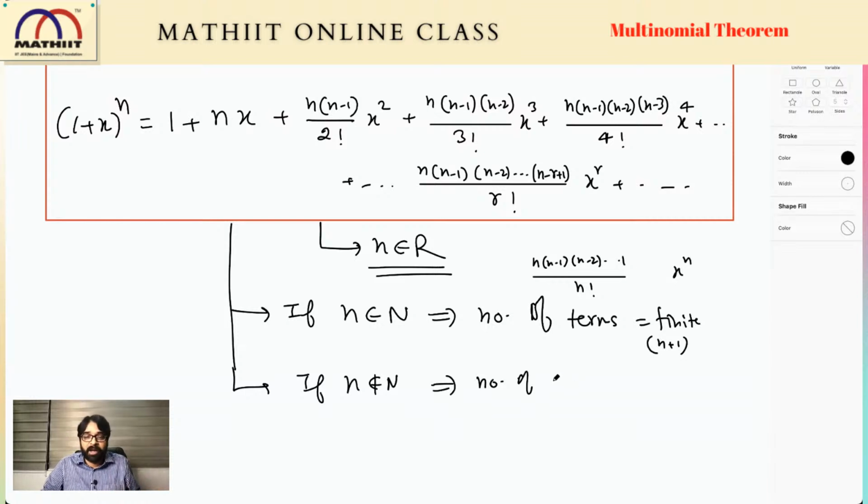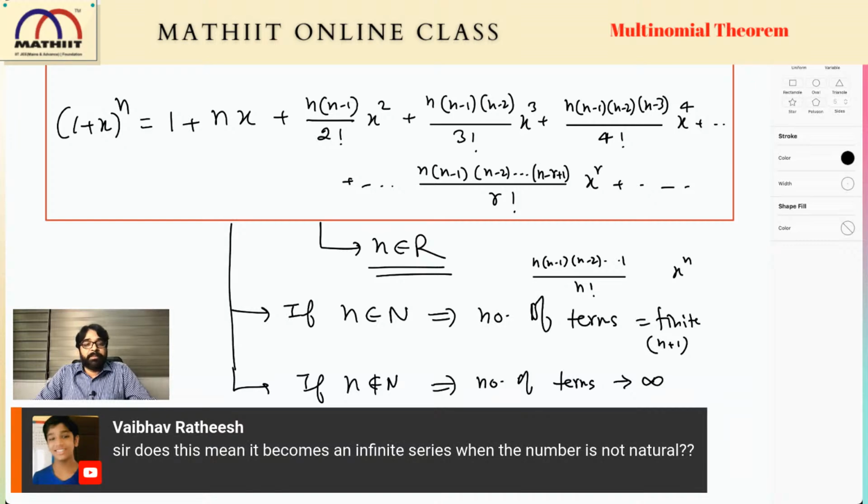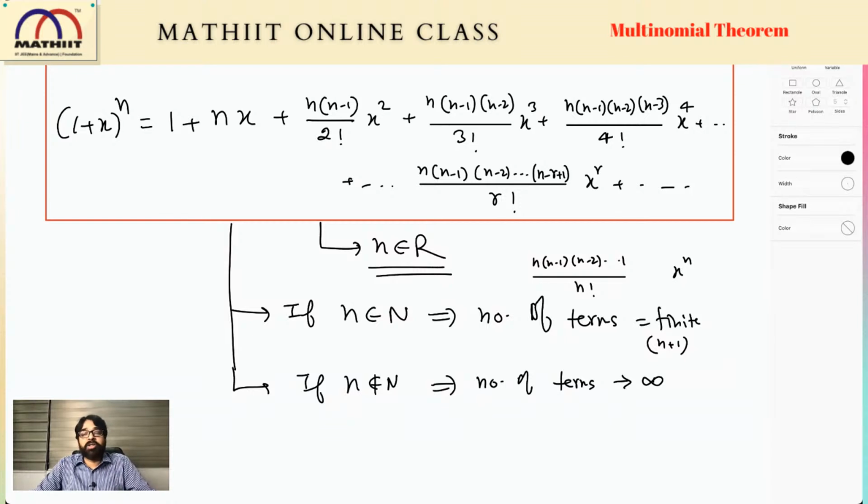You can experiment with it. This will become an infinite series the moment n becomes a non-natural number. Is this clear to everybody?